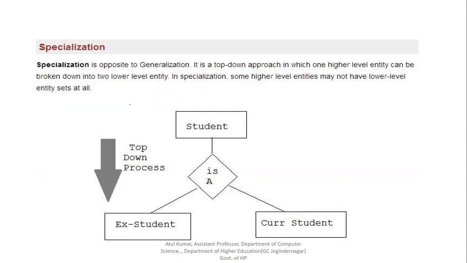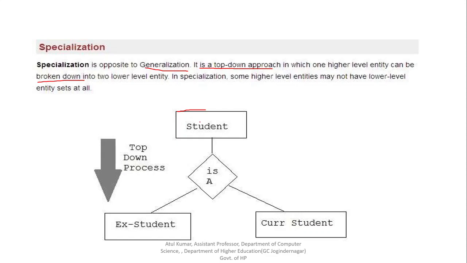Next we have specialization. Specialization is basically the opposite of generalization. It is a top down approach in which a higher level entity can be split or broken down into lower level entities. This is the ER diagram to show how specialization is represented.